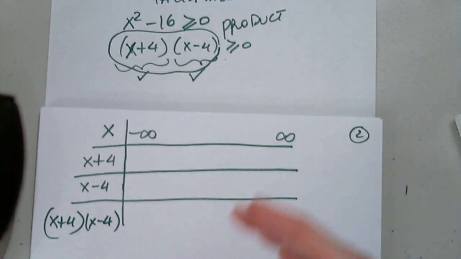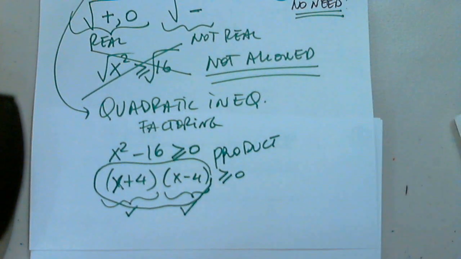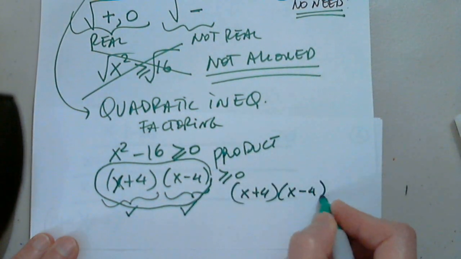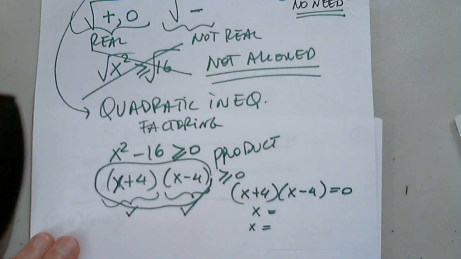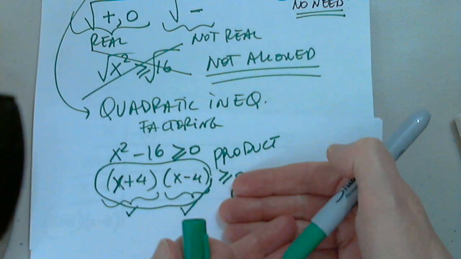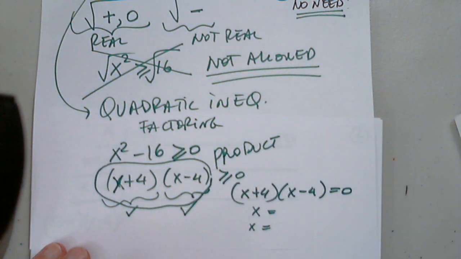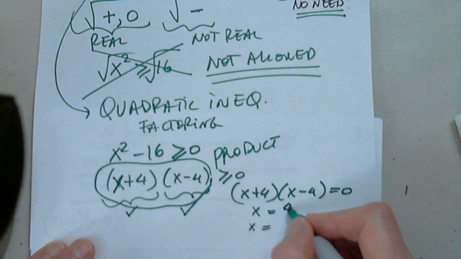My next step is to find the solutions. What solutions am I talking about? Imagine that you are setting this equal to 0. What solutions will you get? I'm not changing the inequality into an equation. I need the solutions though. So can anyone give us these? Yes. 4 and -4.